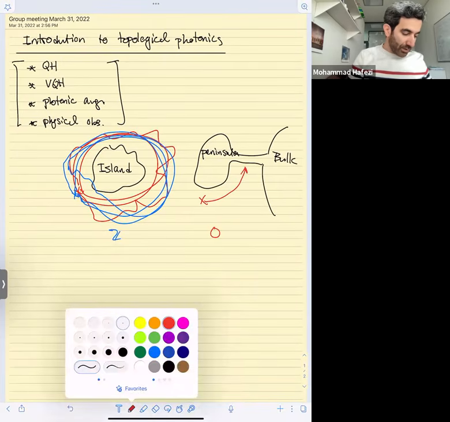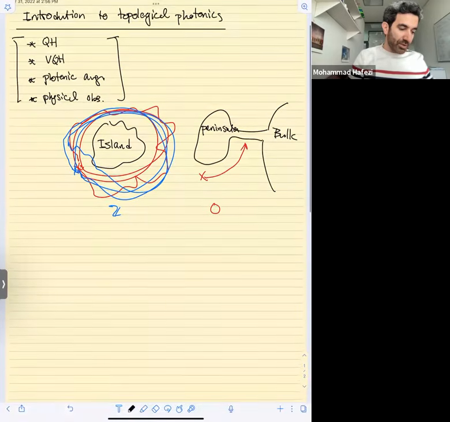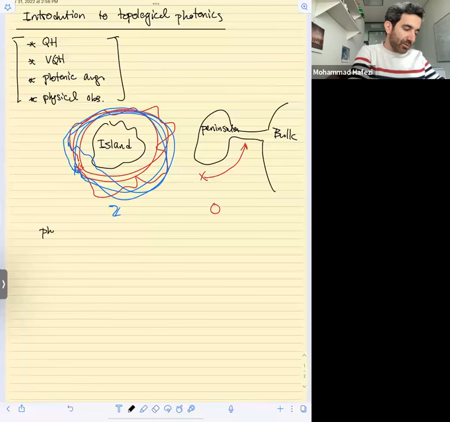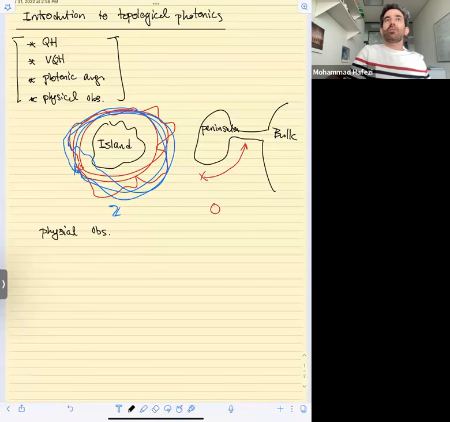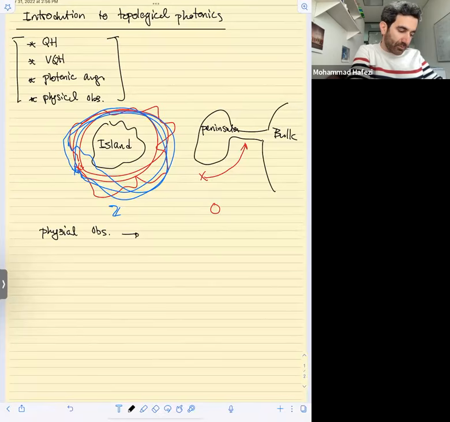So now the whole point of topology in physics is that if I can associate a physical observable, what is a physical observable? Like transmission, conduction, resistance, whatever, to one of these integers, then that integer would be robust to small deformations.